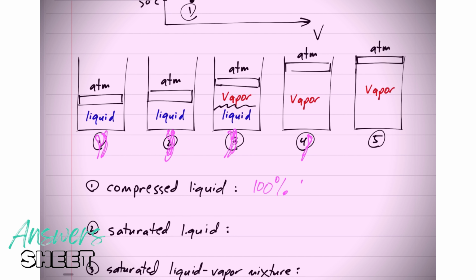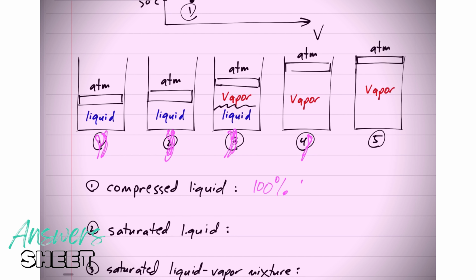It is still 100% liquid, but it is just beginning to vaporize. It is about to vaporize. Any infinitesimally small increase in heat, and it would start to vaporize. But at a saturated liquid, it is still 100% liquid, but that's the last point that it's 100% liquid.